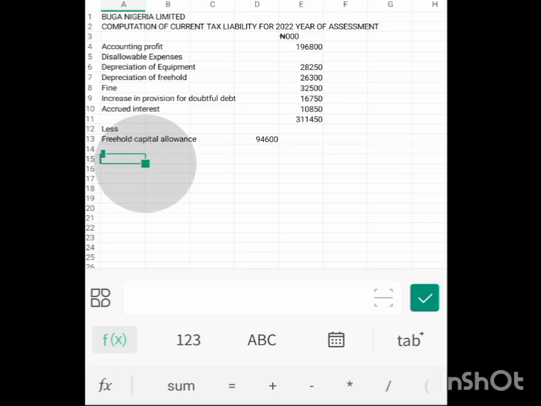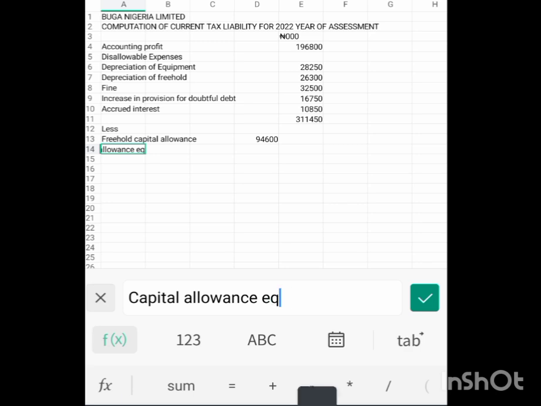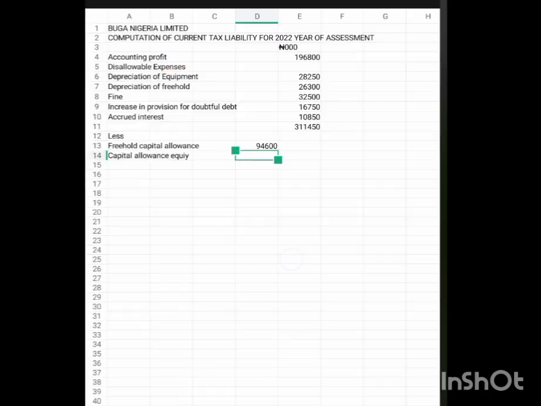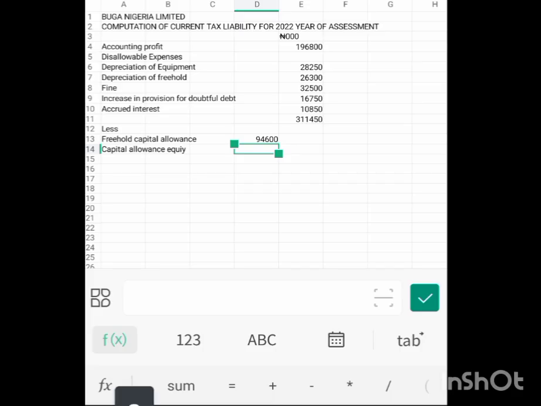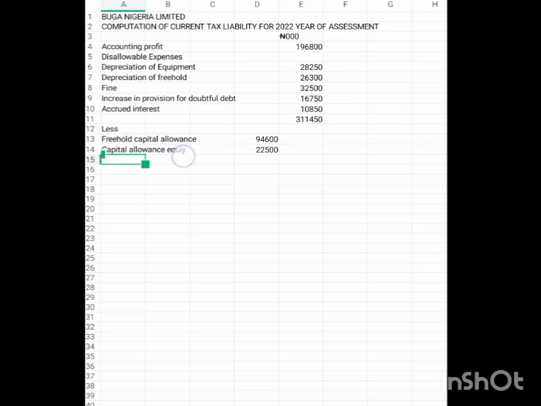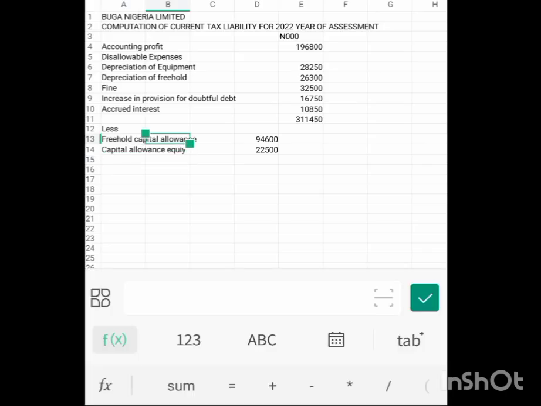What other? That is 22,500. Then remove, sorry, equipment. This one is equipment.